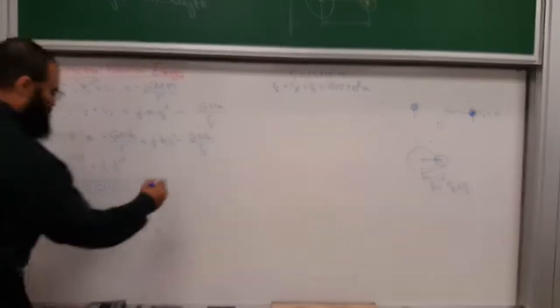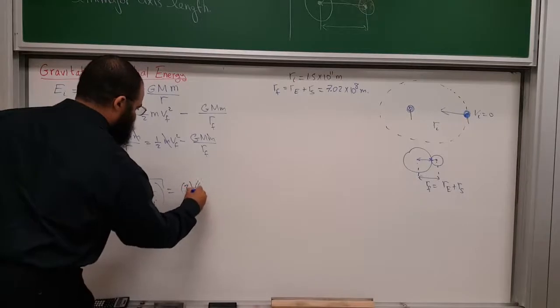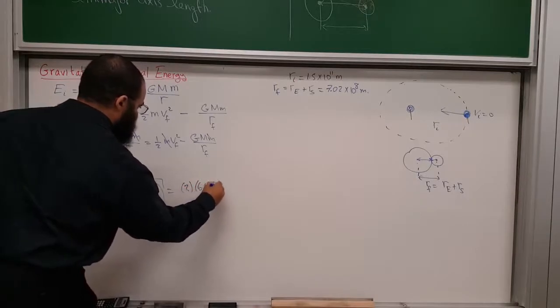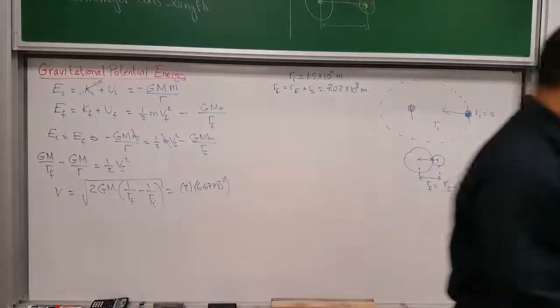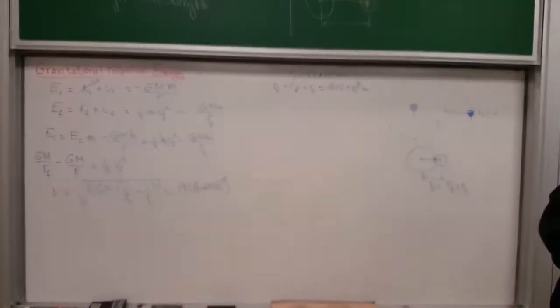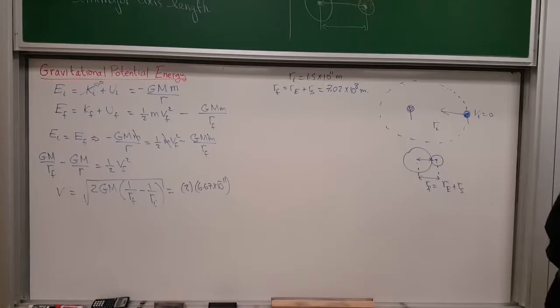So you will put 2 times capital G, which is 6.67 times 10 to the minus 11. The mass of the sun is huge. I don't remember it, like 10 to the 30th or something like that. I don't have the number at the moment.